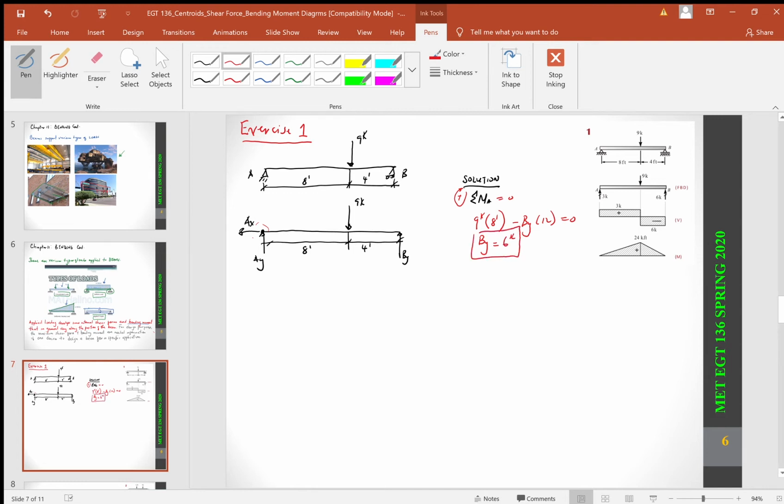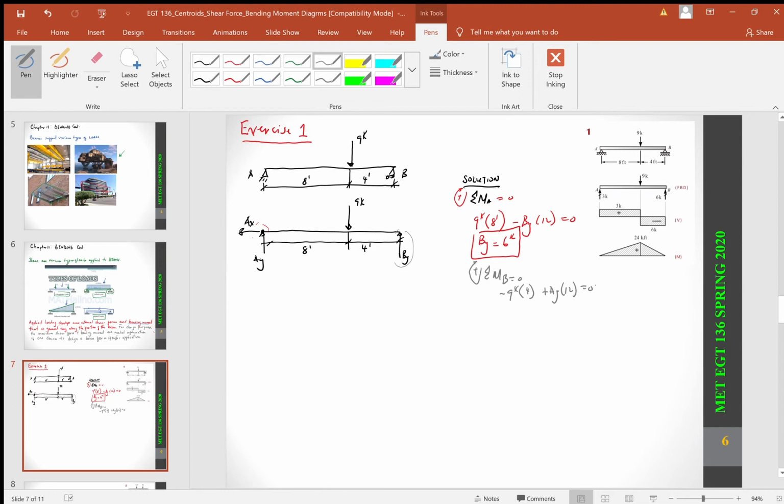Then we could take the sum of the moments about point B equals 0. It's a point of interest here. We're going to have negative 9 kips by 4 plus AY by 12 equals 0. And that's going to be 36 divided by 12, and that's going to be AY.